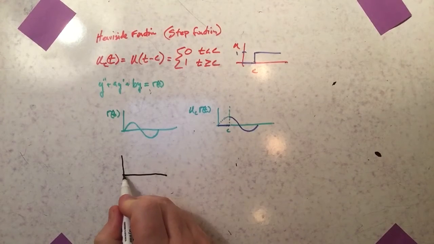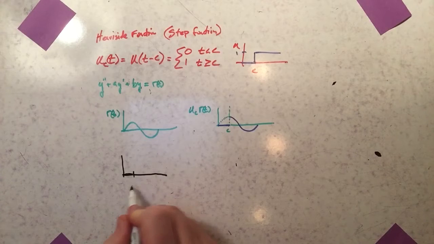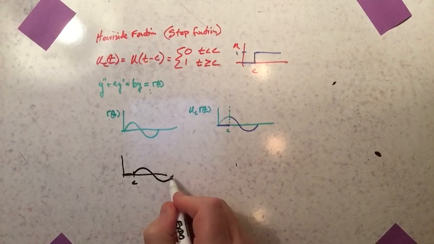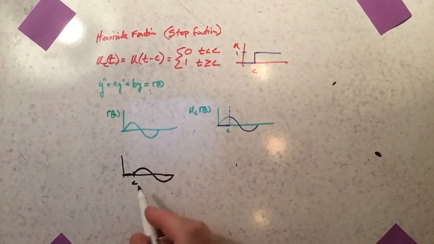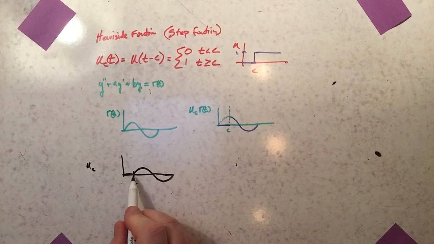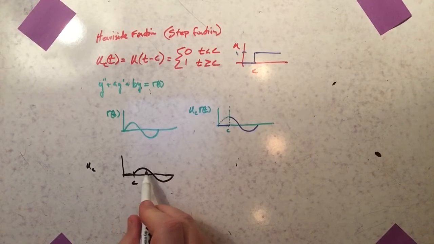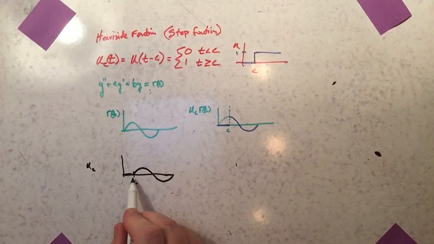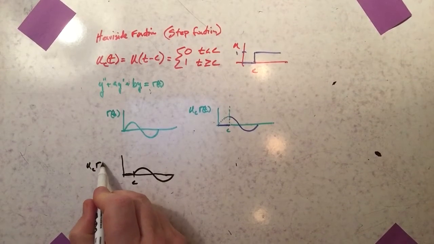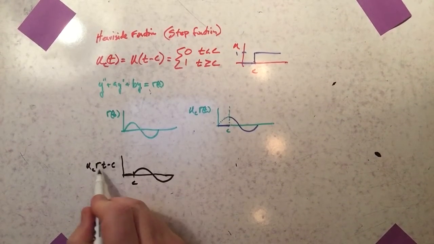We want it to be 0 all the way up to c, but then we want it to begin executing as if r(t) started at this point. Now to make this happen, I've got to both use u_c, and then in addition, I have to transform r so that it begins at c as its initial point. And in order to do that, that's r of t minus c.